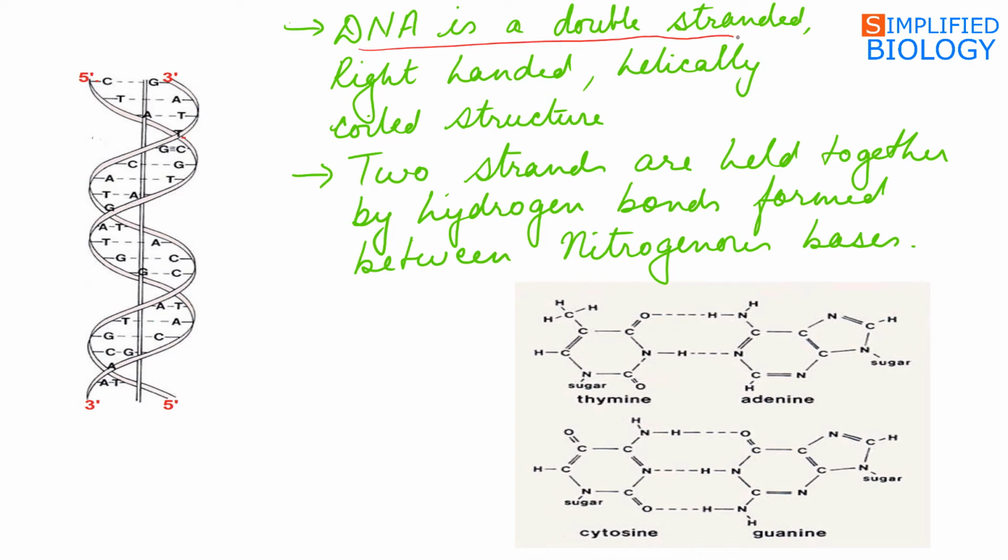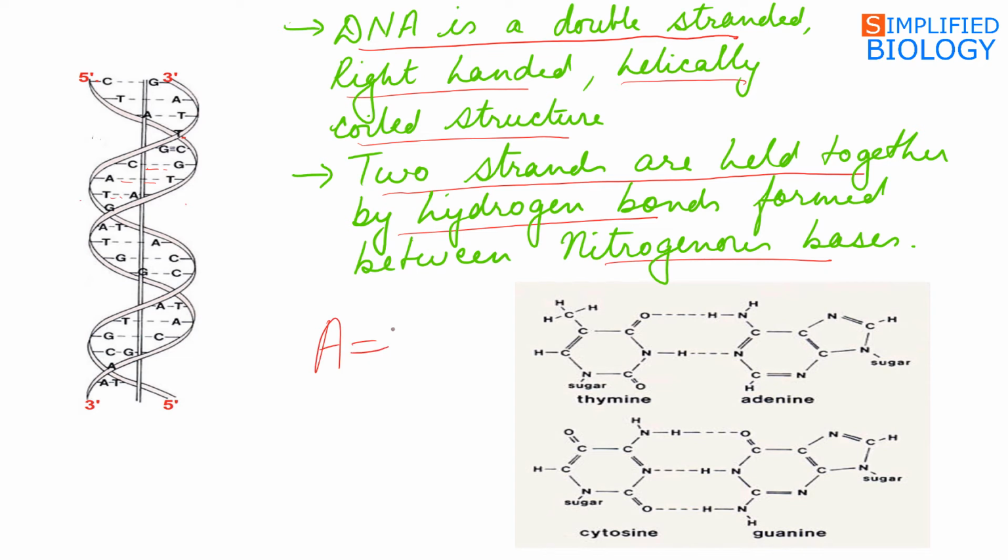DNA is double-stranded, means consists of two polynucleotide chains, a right-handed, helically coiled structure, where the two strands are held together by hydrogen bonds formed between the nitrogenous bases, where A always pairs with T, double bond, while G always pairs with C, triple bond. There are two hydrogen bonds between adenine and thymine, and 3 hydrogen bonds between guanine and cytosine in a DNA molecule.